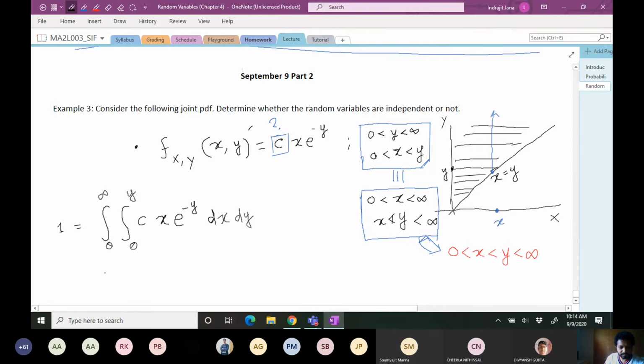If I do this integration, first of all, this is going to be c. Integrating x gives x square over 2, and plugging in y, it's y square over 2.